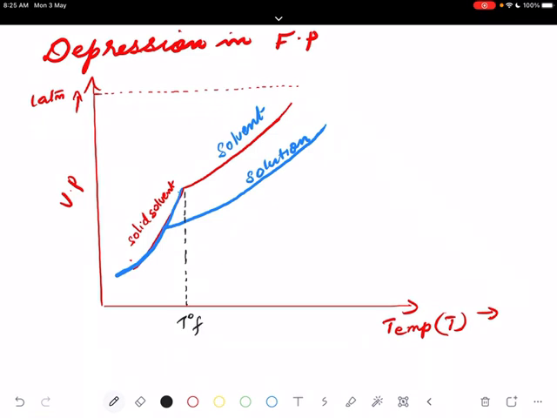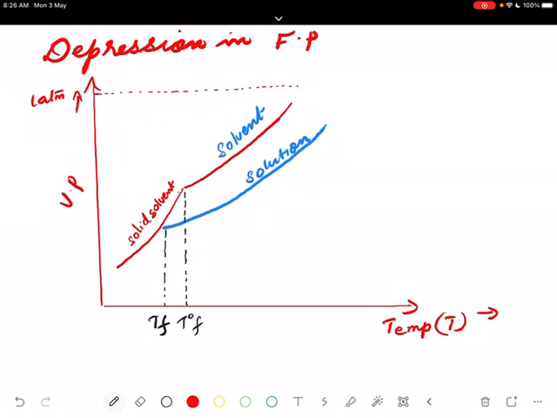And the next one, that is TF. So which is greater?